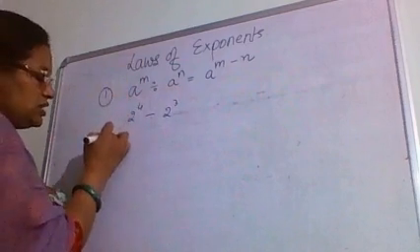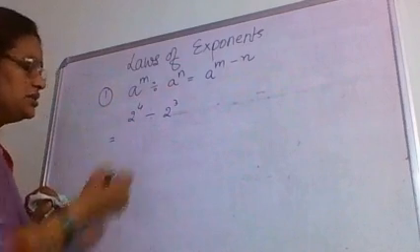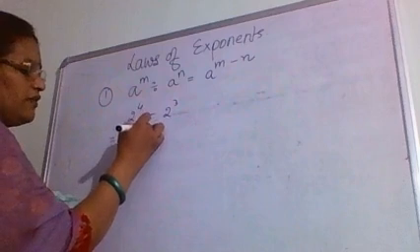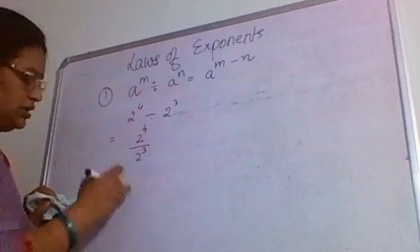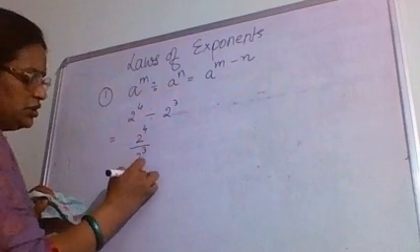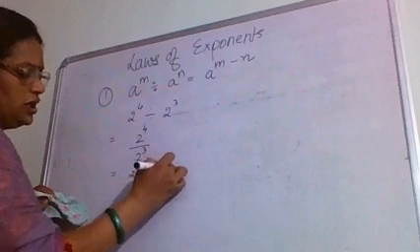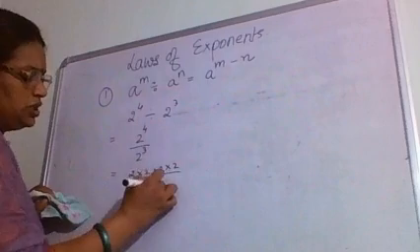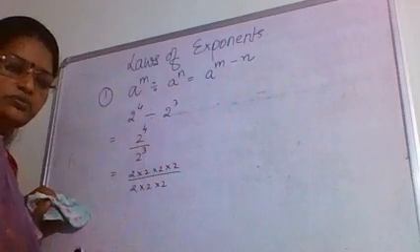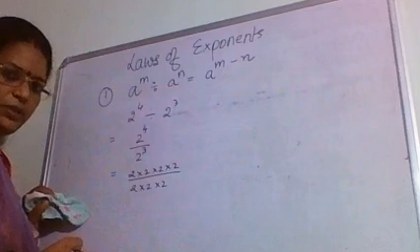First you just explain this. 2 raised to power 4 divided by 2 raised to power 3. This can be written as 2 into 2 into 2 into 2, and in the denominator 2 into 2 into 2. I write both the numbers in the expanded form.